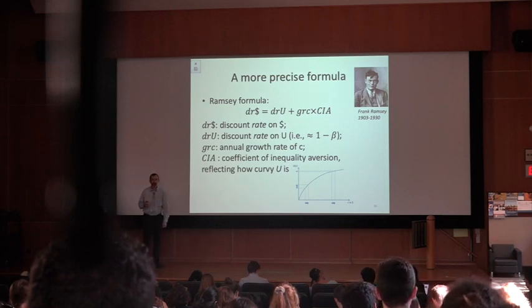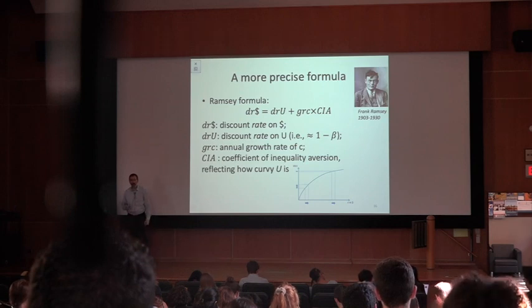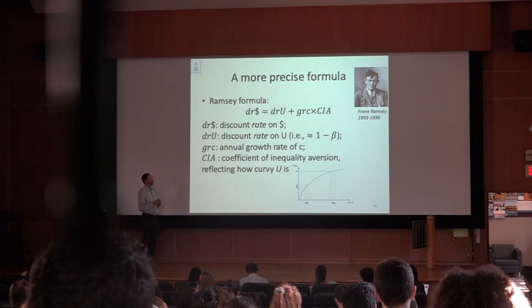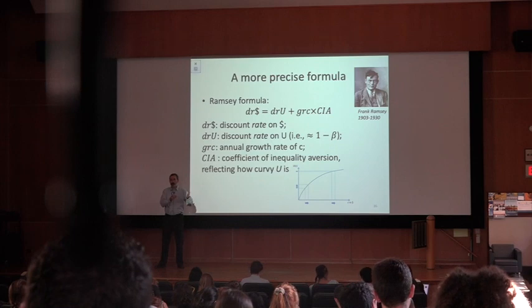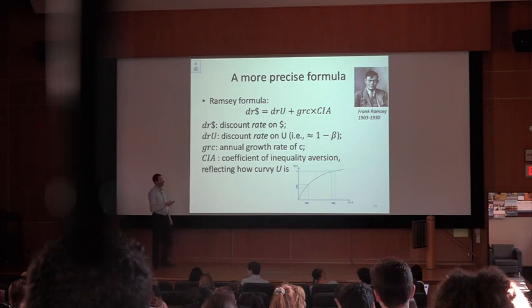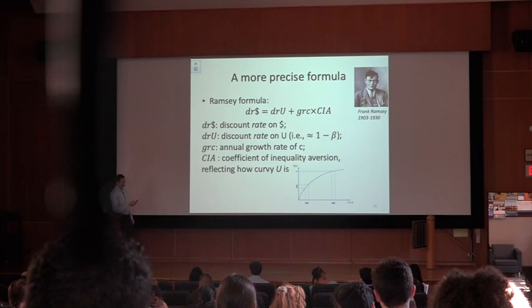And CIA is not a federal agency, it's the coefficient of inequality aversion, which represents how curvy your function is. Because if the future is richer, that makes it less of a priority. The more we care less about the rich people, right? And so the more curvature you have in your function, the less you will care, and that multiplies because the two things compound one another. And so that's how it goes.